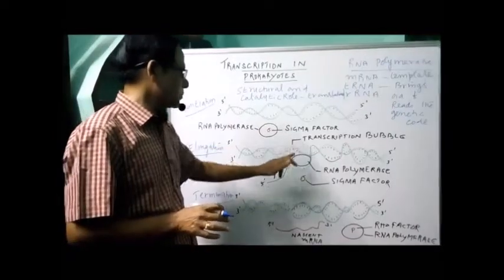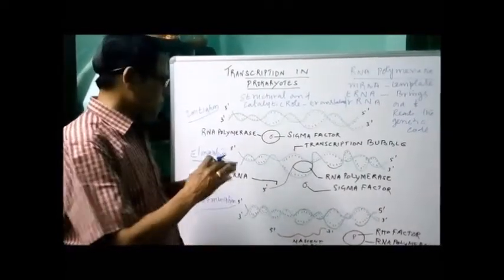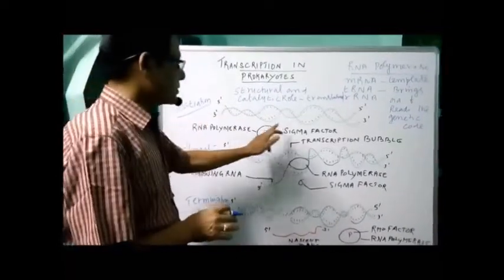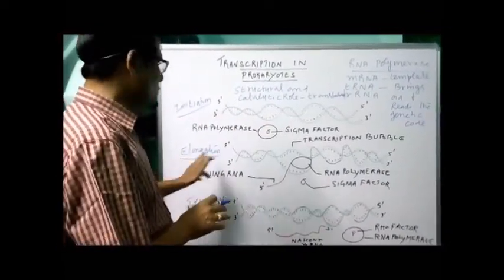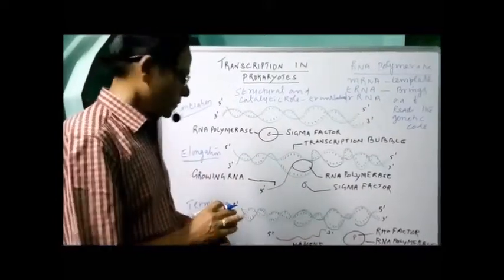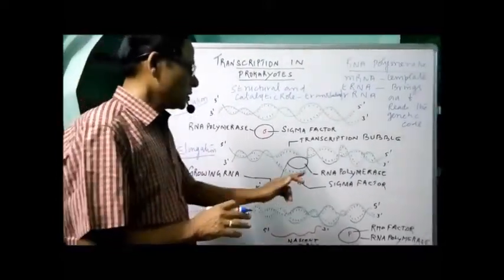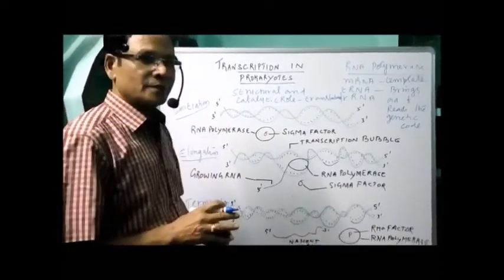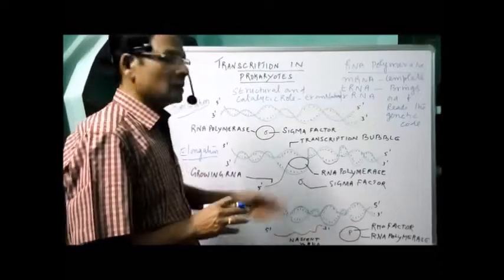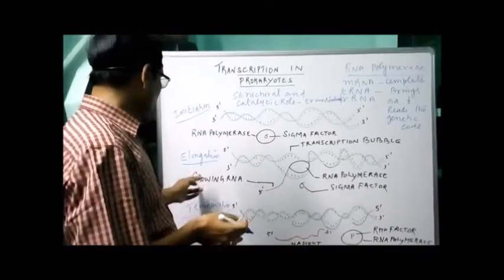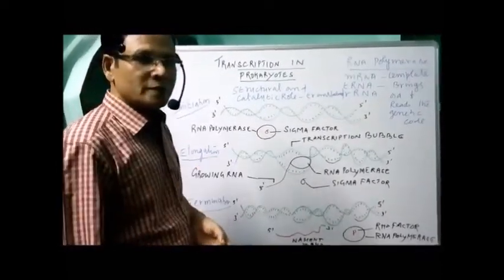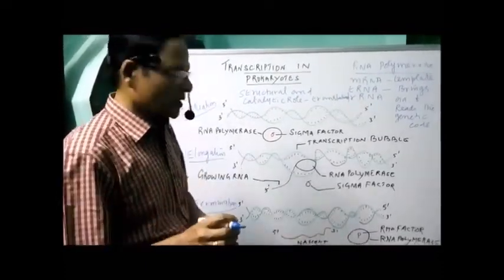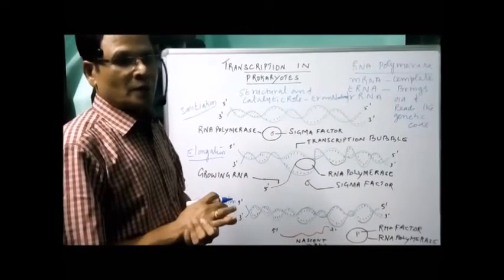That is called the transcription bubble, this area. So this is a simple process. But we have three events: initiation by the sigma factor, elongation by the RNA polymerase enzyme, and termination by the rho factor. So initiation factor, that is sigma factor, elongation of the growing mRNA by means of RNA polymerase enzyme, and in the case of termination, we have the termination factor which is called rho factor.